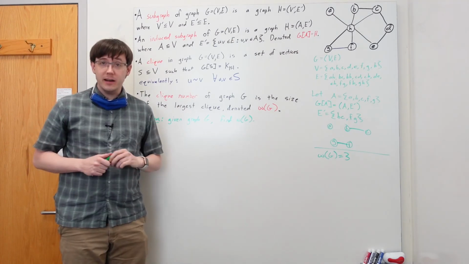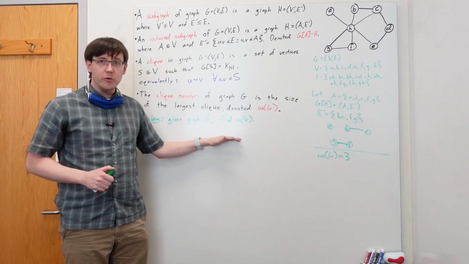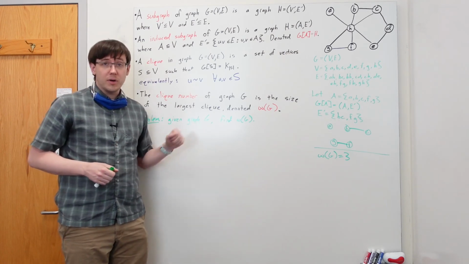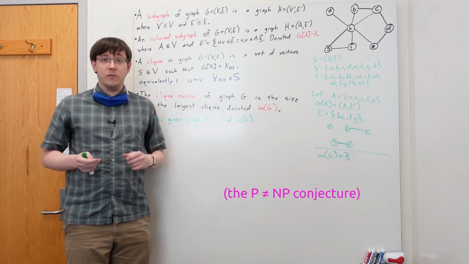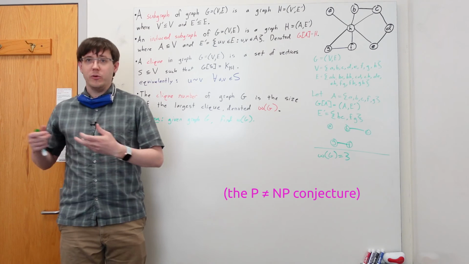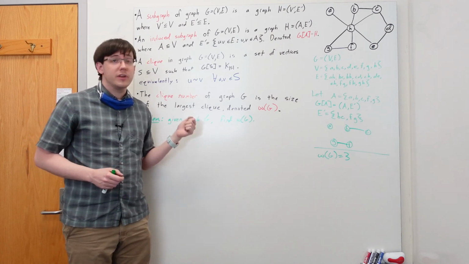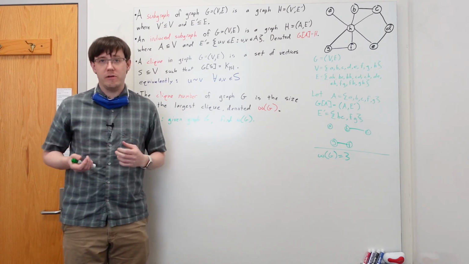And if you take analysis of algorithms or theory of computation, you will likely prove that this is a hard problem. Specifically, it is a hard problem in the sense that, unless some things that we believe are probably true turn out to be false, there cannot be an efficient algorithm for solving this problem on an arbitrary graph.